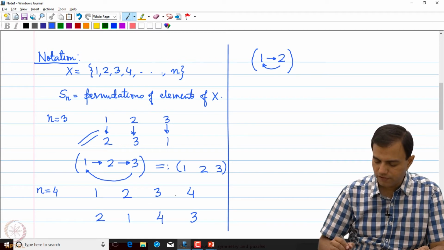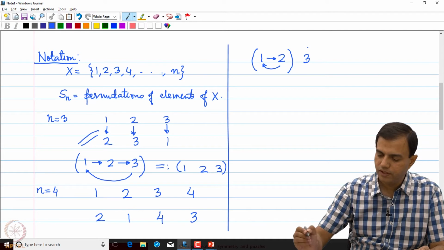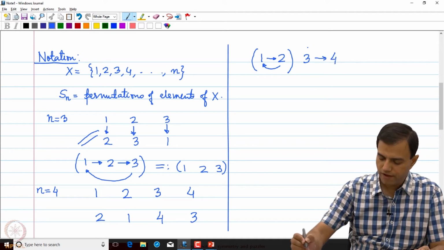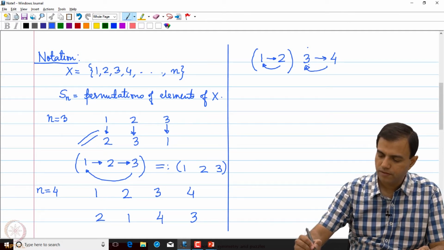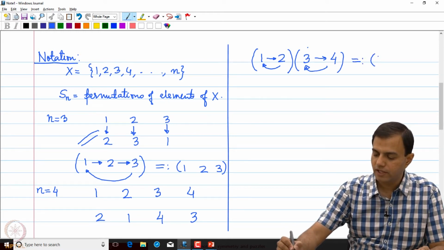So we can start with 3: 3 goes to 4, and 4 comes back to 3. So I complete the cycle, and for the sake of simplicity, I just write it as (1 2)(3 4) as a notation.